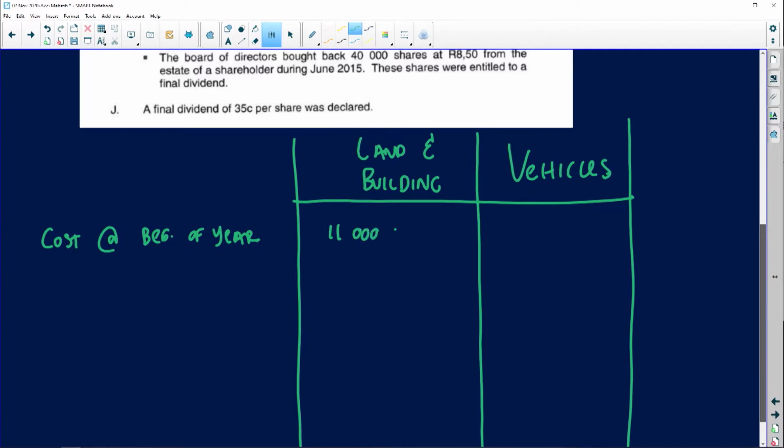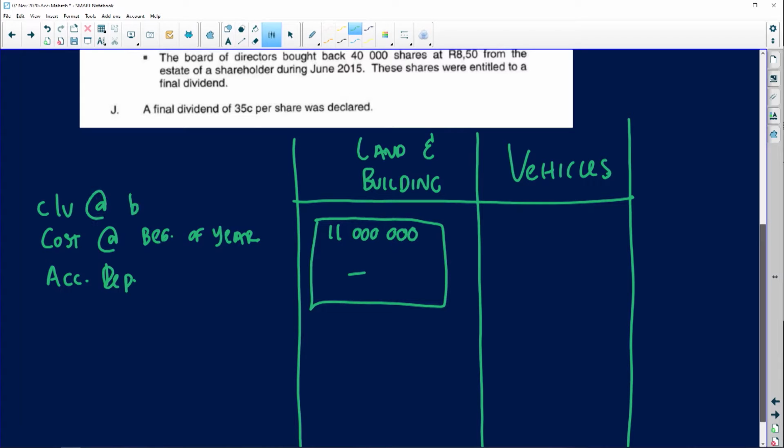Okay. So obviously for land and buildings, there is no accumulated depreciation. You guys obviously know that. And my carrying value at the beginning of the year for land and buildings is also 11 million. Then movements is what happened during the year.